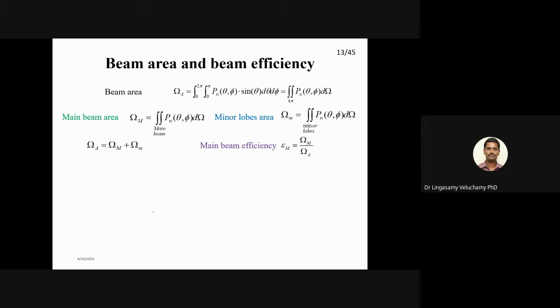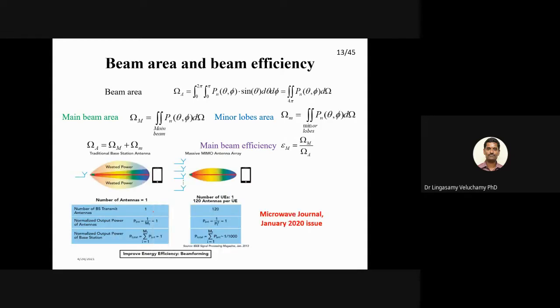This parameter is very much required when, for example, we are in the 5G era. Here in 5G, we are going to use the beam forming concept. How the beam area and beam efficiency are interrelated, and how it is helping us to reduce the power. For example, see the power requirement.